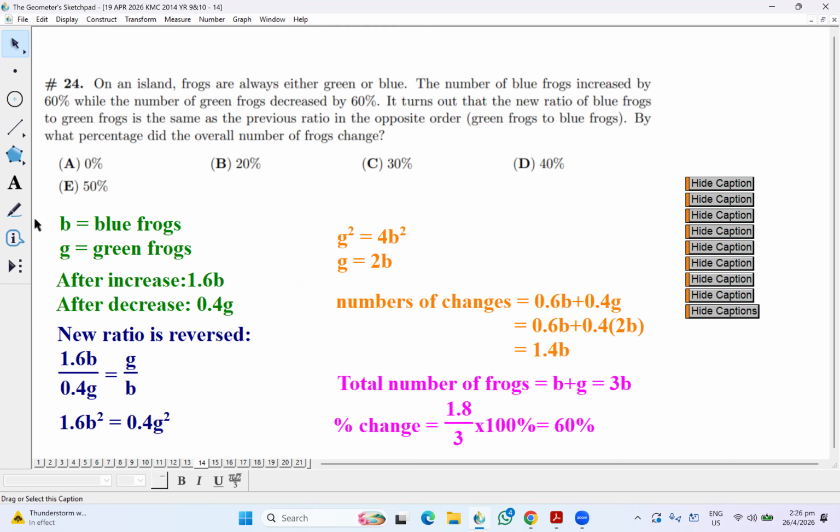So because of this error, what percentage on overall change? So this one changed 60%. This one also changed 60%, drop to 60%. So 0.6.